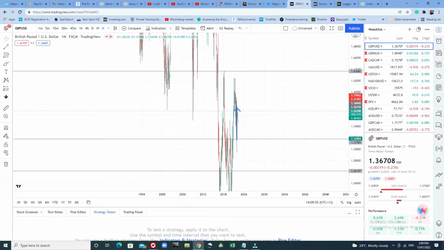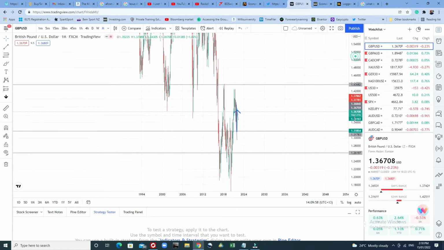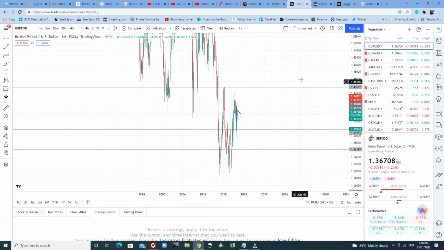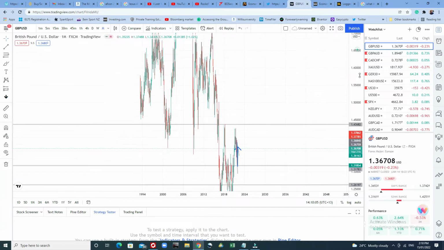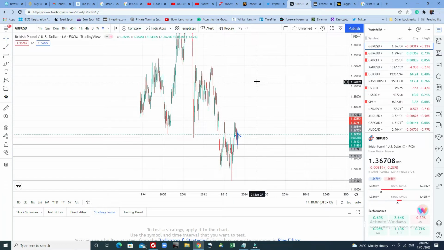Now I'm going to be taking you to GBPUSD, and I just want to explain what I mean by trend lines. During technical analysis, we first of all start the analysis with a top-down analysis. What do I mean by top-down analysis?